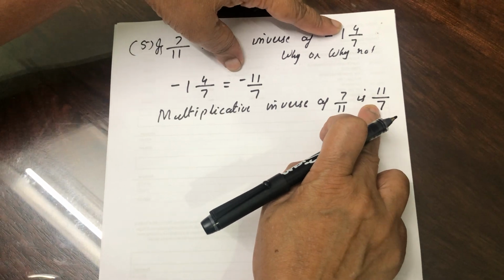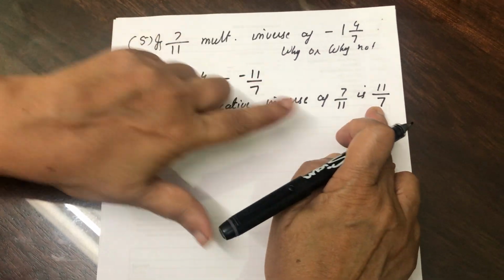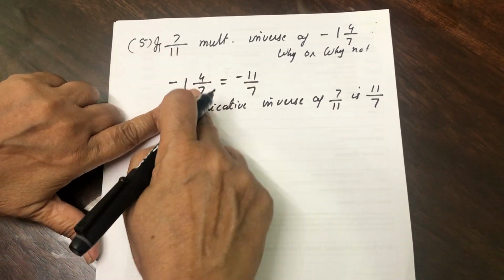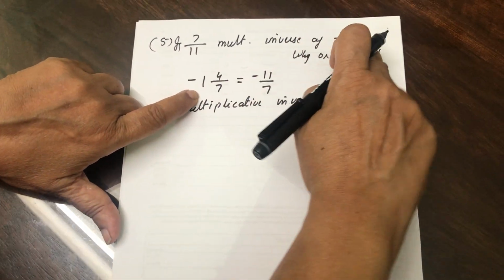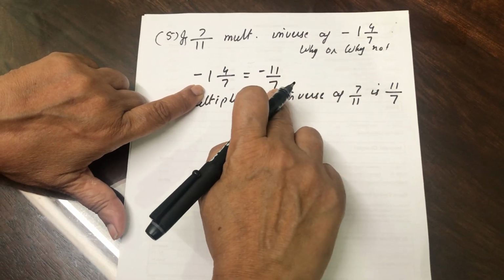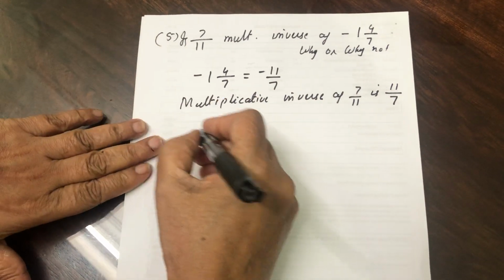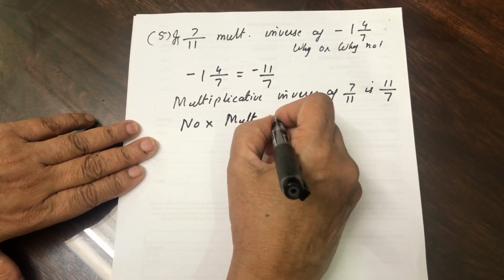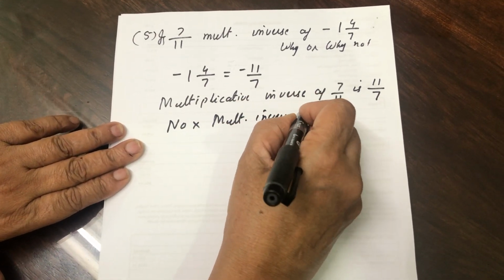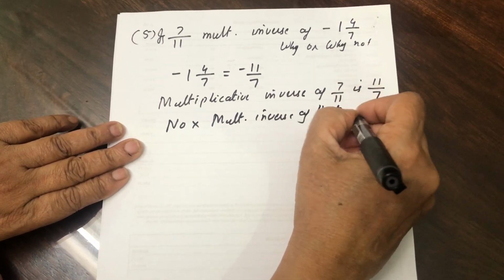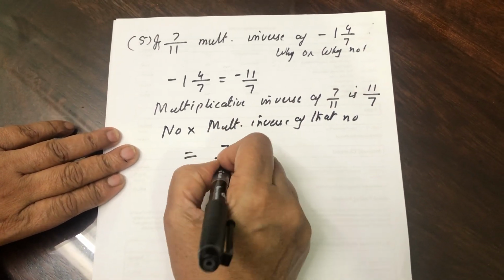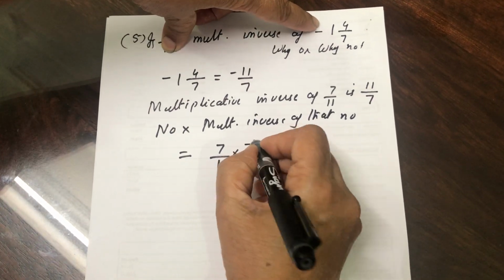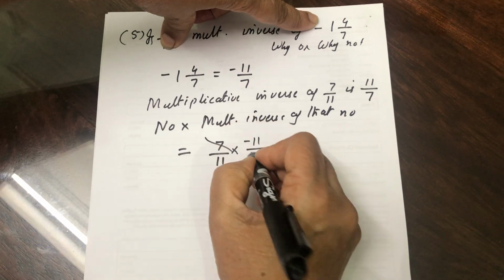So what is the product of these two? See here, number into multiplicative inverse of that number. The number is 7 by 11. The multiplicative inverse of this one is minus 11 by 7. 7 and 7 cancel.